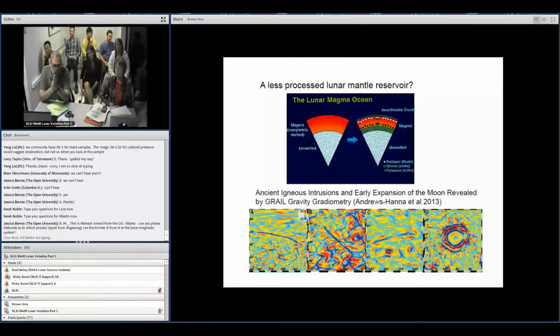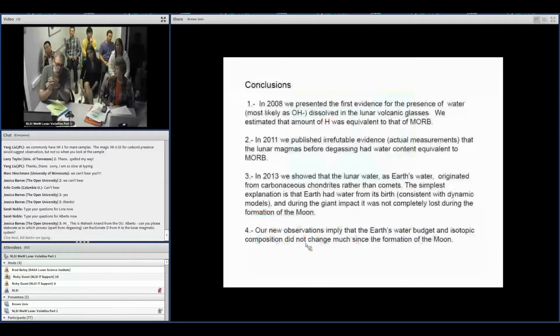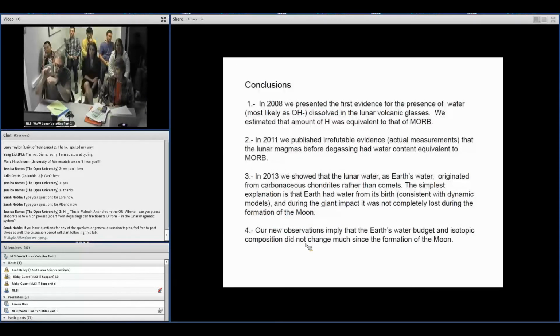I believe this is between 1 to 4 kilometers of extension, and that indicates that the whole Moon might not have been completely molten, but you have a cold core, and as the shallow magma ocean, maybe 400 kilometers, is cooling, you begin to heat the core. If we have that core that is a less processed lunar mantle, maybe part of the water that we see comes from that.